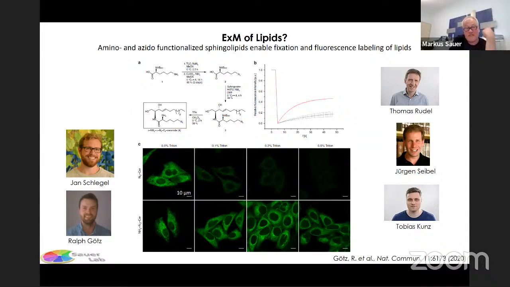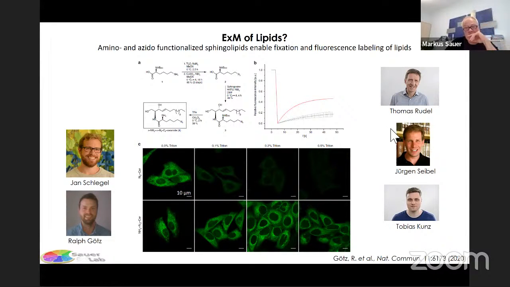So we just fed cells with these sphingolipids and finally click a dye to visualize the lipid distribution in these cells. And we thought, if we, for example, attach not only an azide for clicking of a dye here, but an additional amino group, this should enable us to fix lipids in a membrane. And in addition to fixation, it should also enable us to expand these lipids.